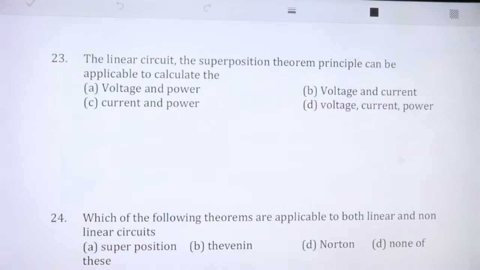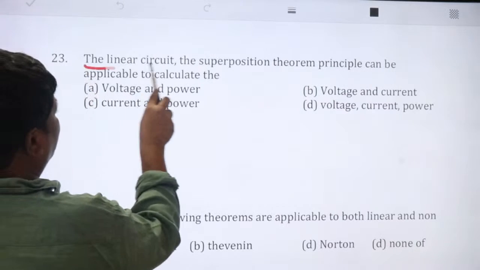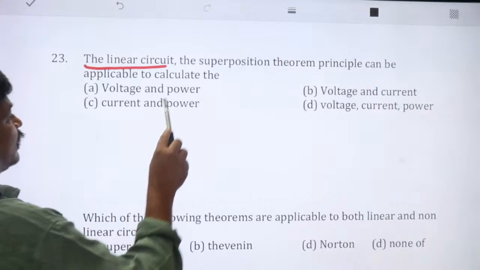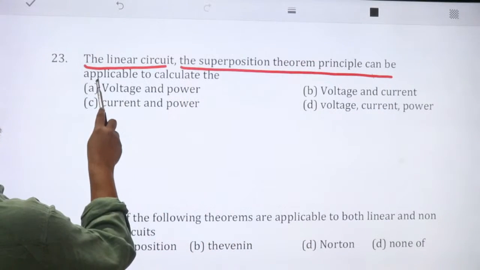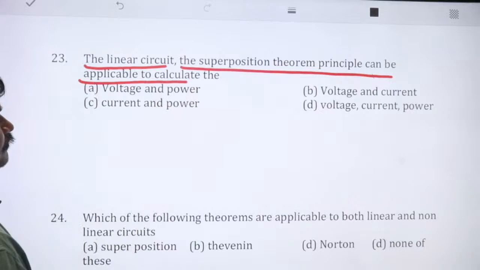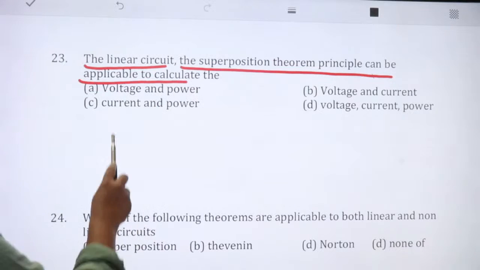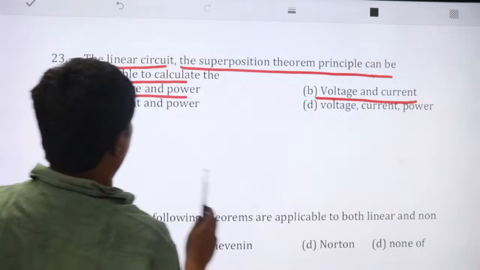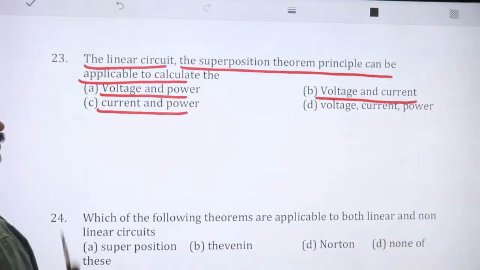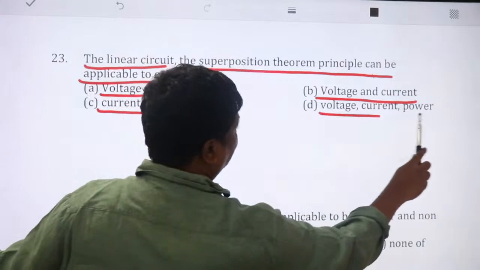Next, the linear circuit, the superposition theorem can be applicable to calculate voltage and power, voltage and current, current and power, or voltage, current and power.